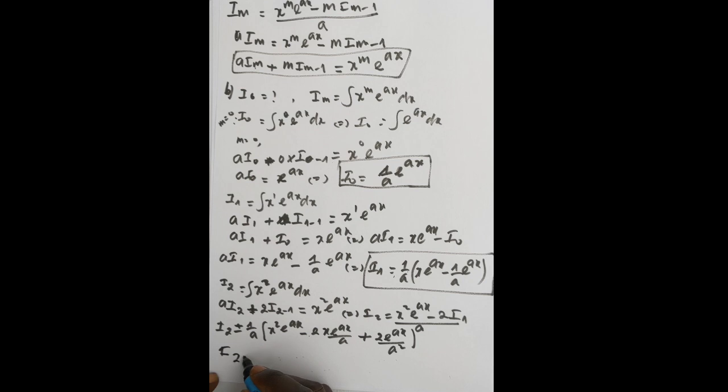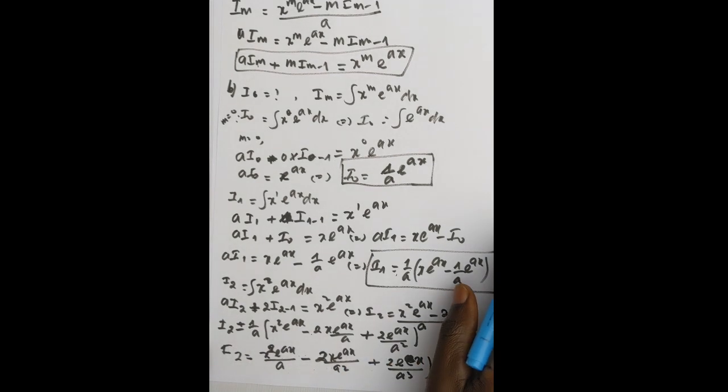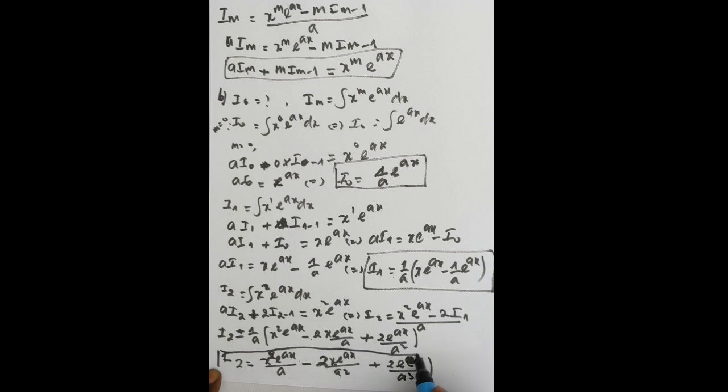So E2 will be equal to, by multiplying this a inside, x power 2 e power ax over a, then negative 2x e power ax over a square plus 2 e power ax over a cube. This is the value of E2.